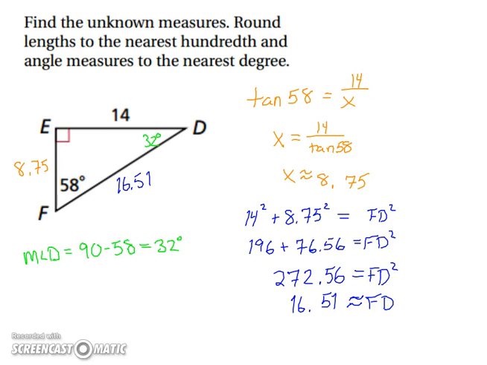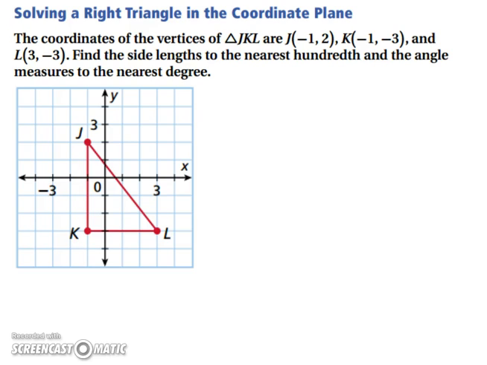Let's try using a coordinate plane. Take a moment and draw this coordinate plane as well as the triangle in your notes. Now that you've had a moment to draw this in your notes, let's look at all of our side lengths and all of our angles, since that's what it's asking us to find.